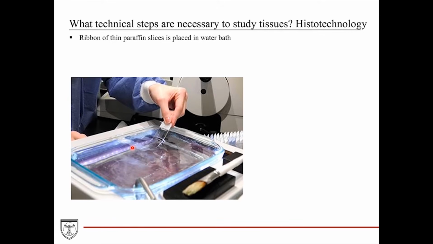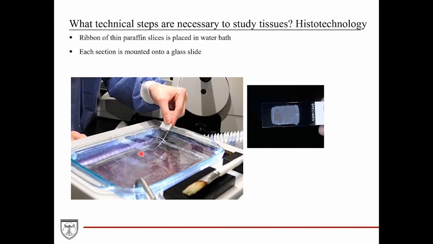And it allows the paraffin to float on top and smooth out any wrinkles that may have been introduced during cutting. Then we take a glass slide like this and dip it under the water and gently lift one of these tissue sections up off the water. And now we have a glass slide with a single tissue section.